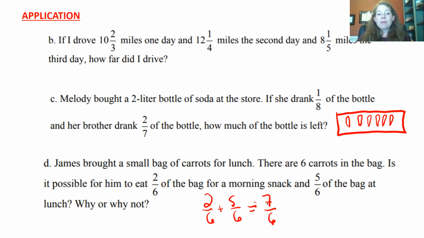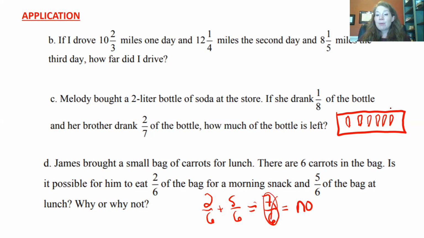That would mean James would have to eat more than 1 full bag of carrots because this is an improper fraction. It means it's more than 1. So I know immediately the answer is no because he only has 1 bag and this is more than 1.